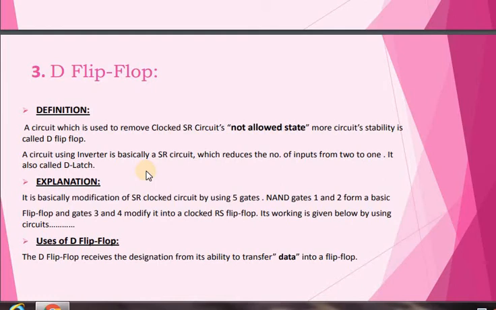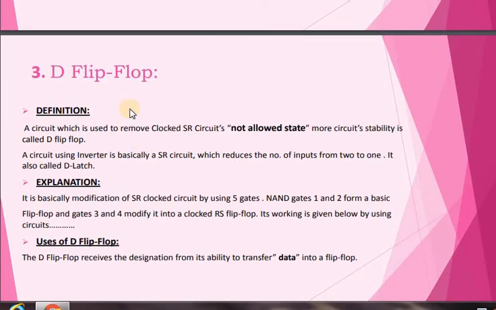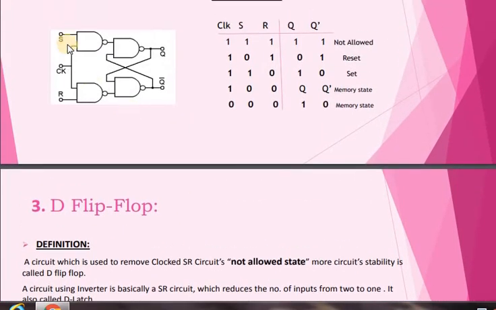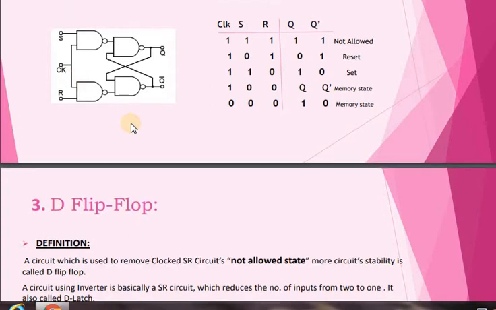In the above circuit we have two inputs, S and R. But when you come to the D flip-flop, we are going to have only one input, D, and from this we take one of the inputs and use it through an inverter. We will see that in the D flip-flop logic diagram.